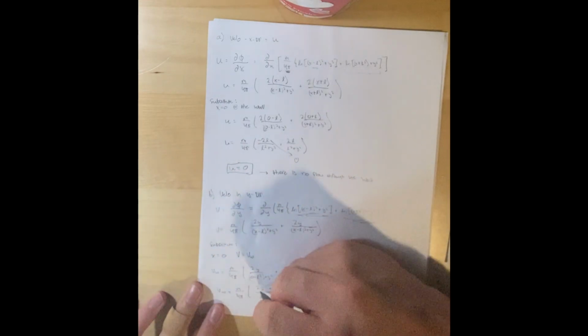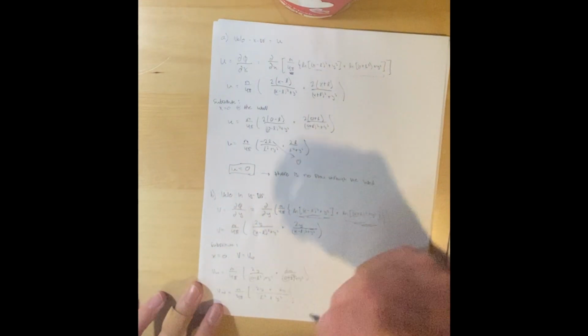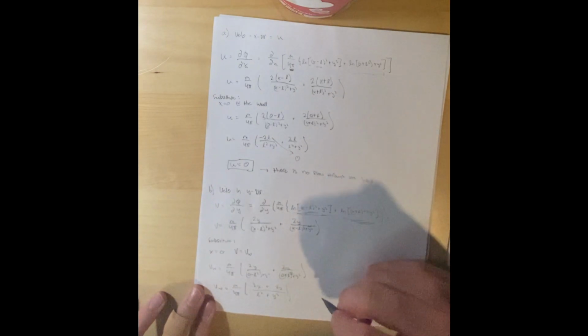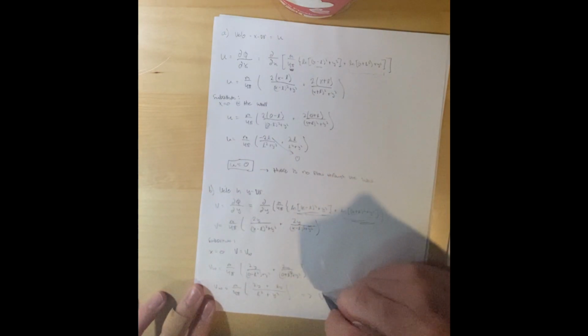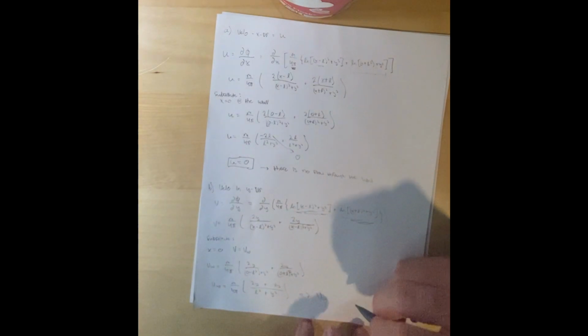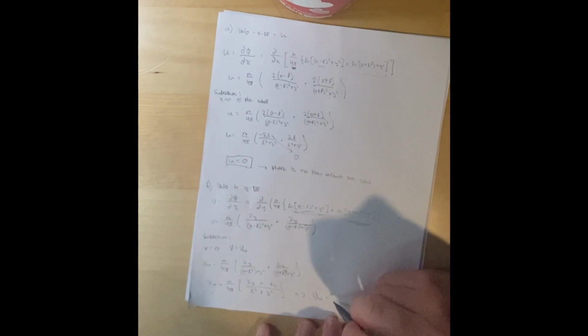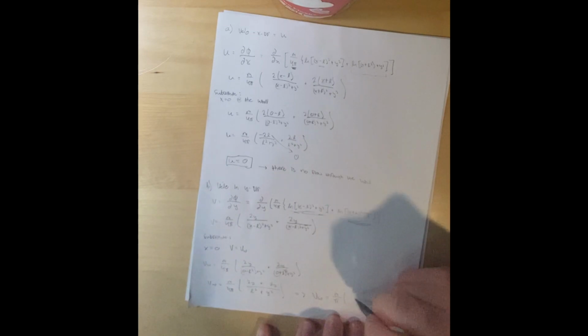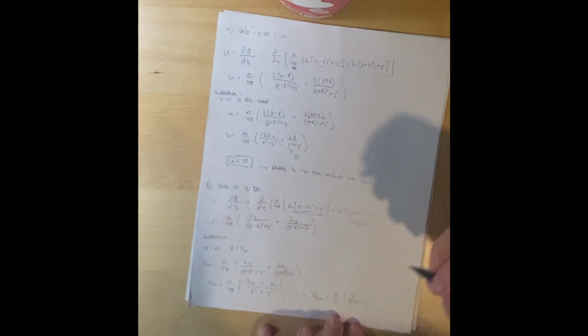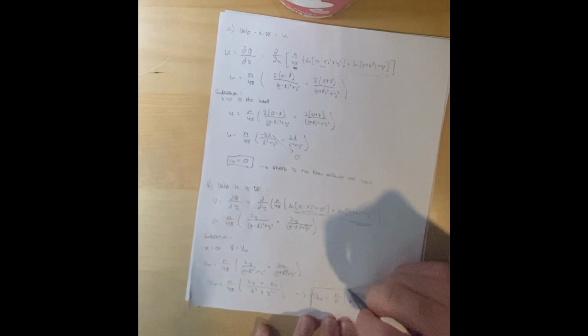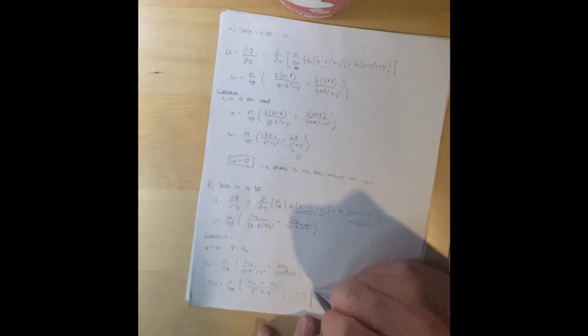This 4 is going to cancel here with the 2 plus 2, and that's going to leave us with our velocity distribution at the wall being equal to m over pi times y over L squared plus y squared. Perfect.